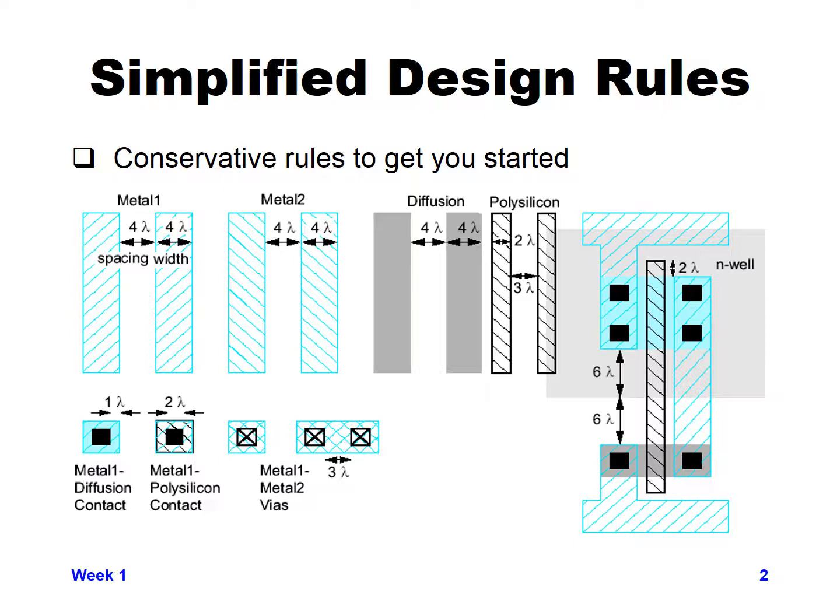Let's say that the polysilicon shifted down by more than 2 lambda, you would actually have P plus diffusion in the top there that would short the source and drain together, and you wouldn't have a gate over it. So you need to make sure the gate overlaps and goes beyond the diffusion far enough so that the gate fully covers all of the diffusion. So those are just some of the design rules. There's a lot more than just this, but this is just an example.